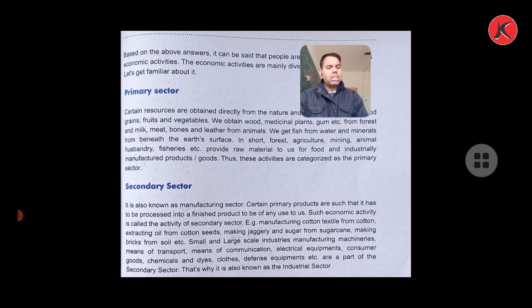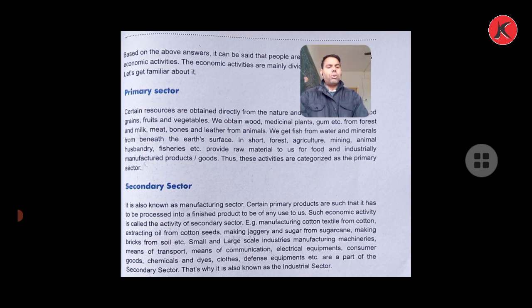We get fish from the waters, and minerals from beneath the earth's surface. If we want fish, we get it from some oceans, lakes and seas. We get such seafood from particular places, while all these minerals we get from beneath the earth's surface.